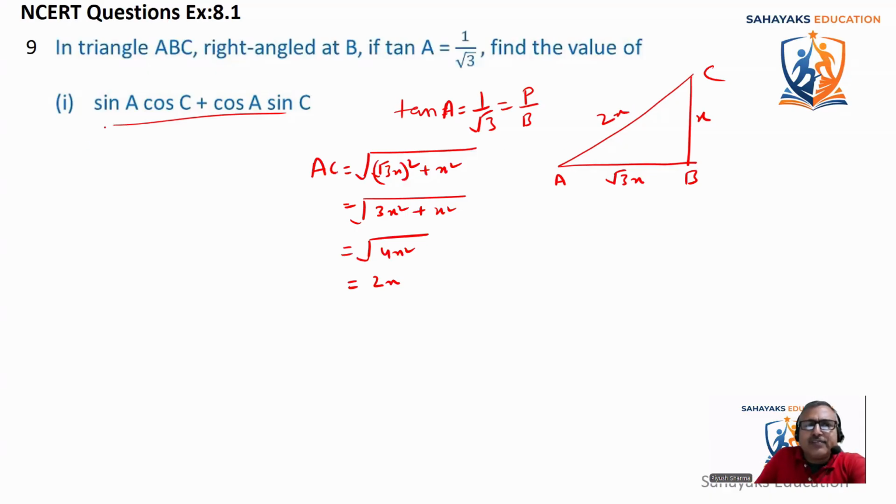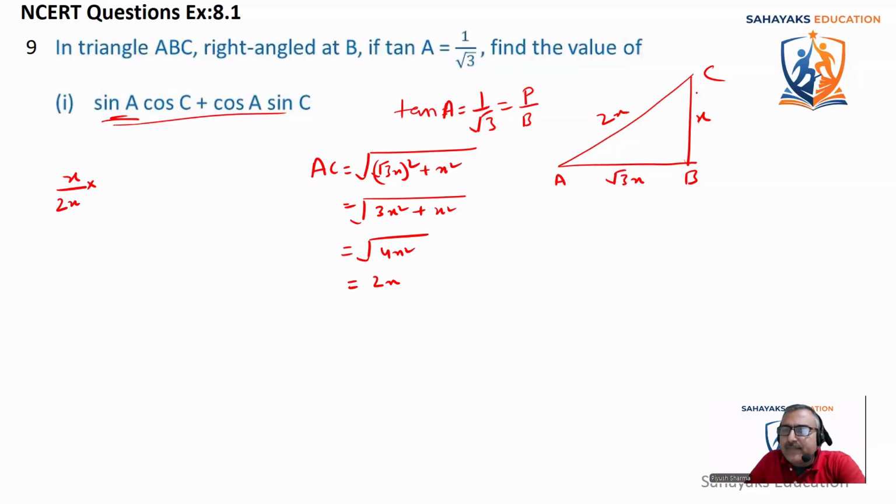Now we have to find the value of sine A cos C. So what is sine A here? Sine A is x by 2x. So instead of sine A, I'm writing x by 2x multiplied by cos C. When we are taking cos C, please remember we have to take the adjacent side of the cos C, that is CB, as base. So x is the base here.